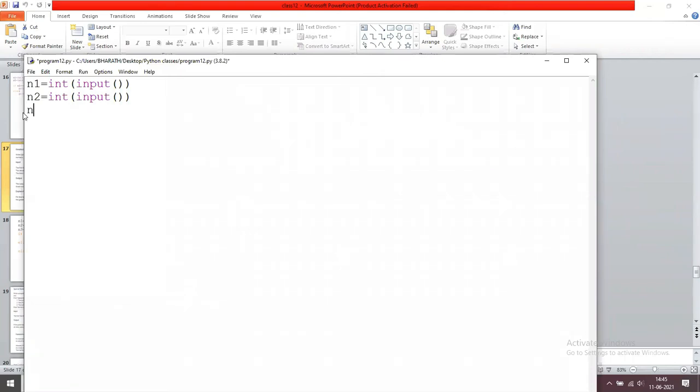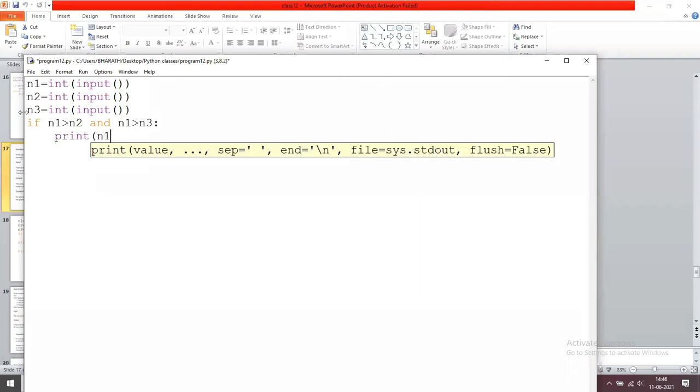So we are going to read 3 numbers. I take 3 variables n1, n2, n3, and I check if n1 is greater than n2 and n1 is greater than n3, then you print n1 as output.